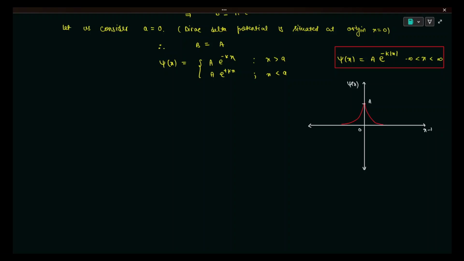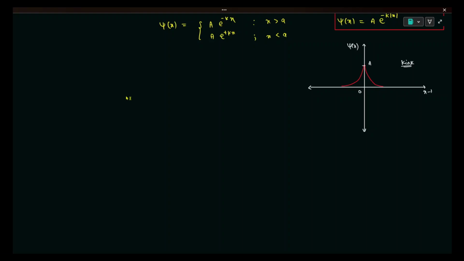This wave function is also known as a kink. So at x equal to 0 there is a kink in the wave function, and as x tends to infinity the wave function vanishes in both directions. Now notice that this wave function psi of x is continuous across this whole region, between both infinities.